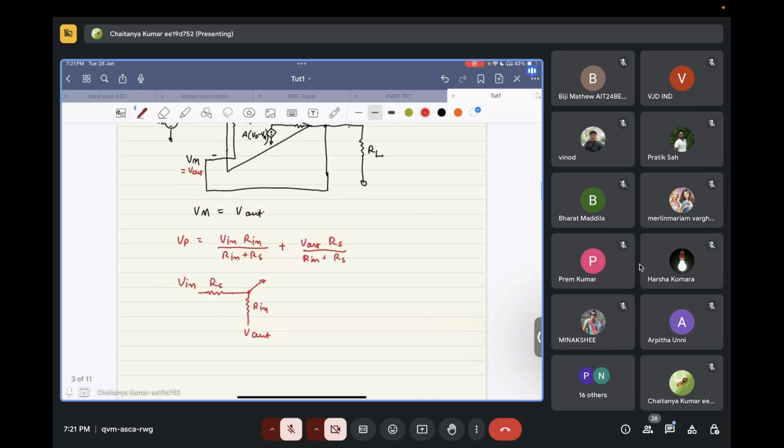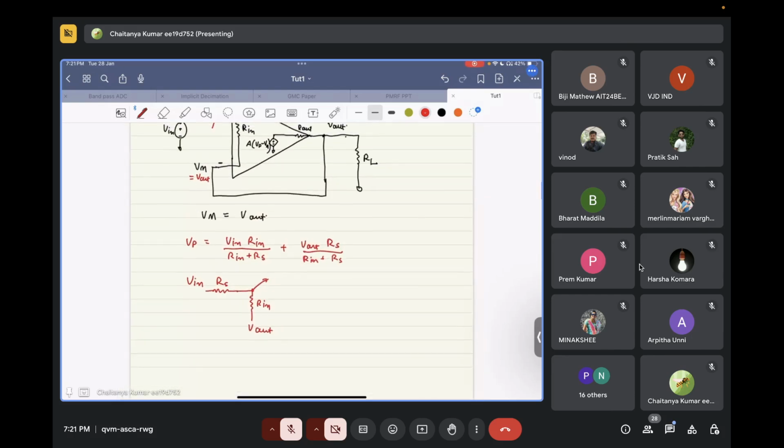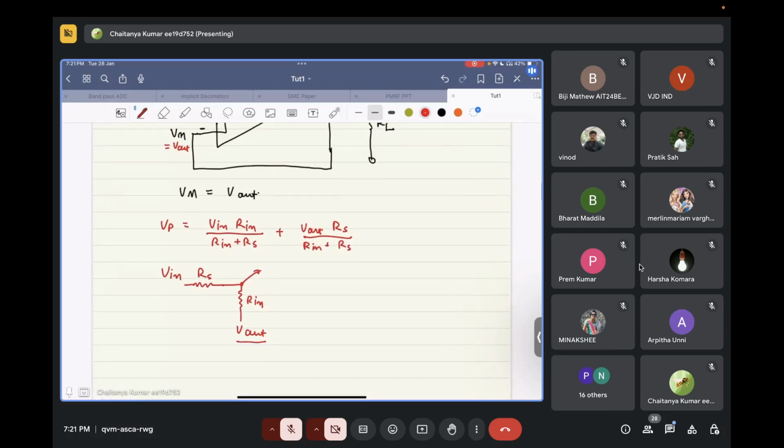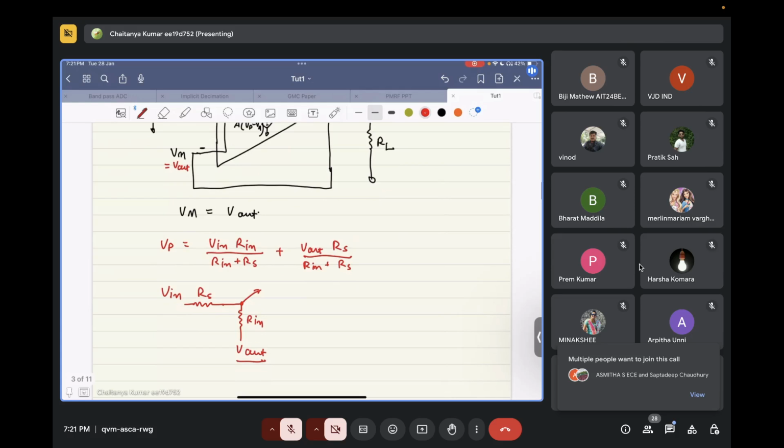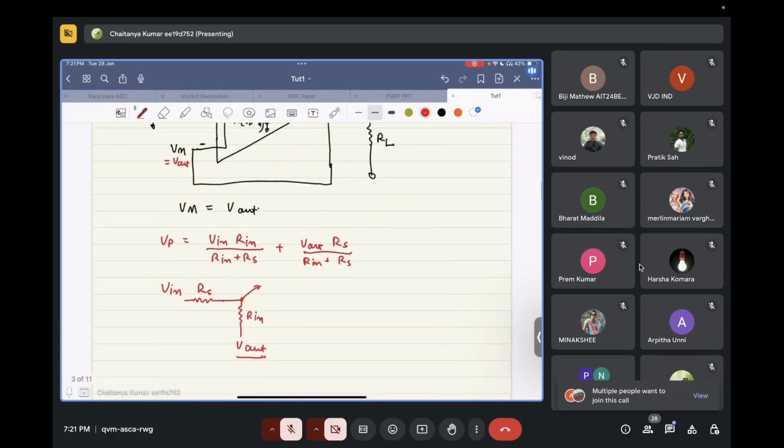If this is given as V out, the voltage at this net can be considered as a superposition of the voltage due to V in and the voltage due to V out.